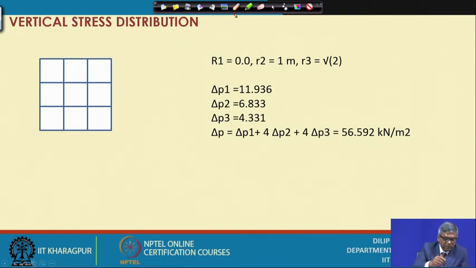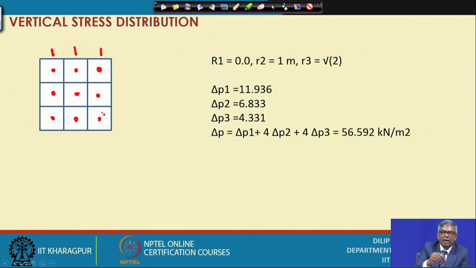R2 becomes 1 meter. Since the total was 3 meter, each becomes 1 meter, these become 1 meter, these become 1 meter, and from here to here I now consider that the center of each point load is applied.